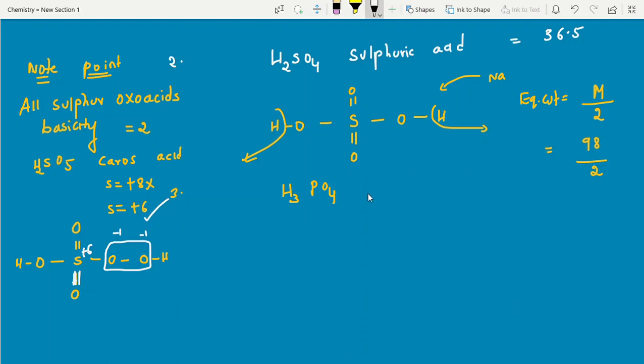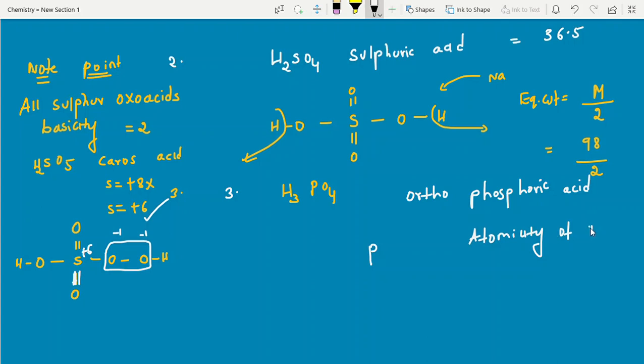Okay. Now come back to this one, H3PO4. This is what we call orthophosphoric acid. Now look into this. Phosphorus atomicity is 4. How easily we can write the structure, I am telling.